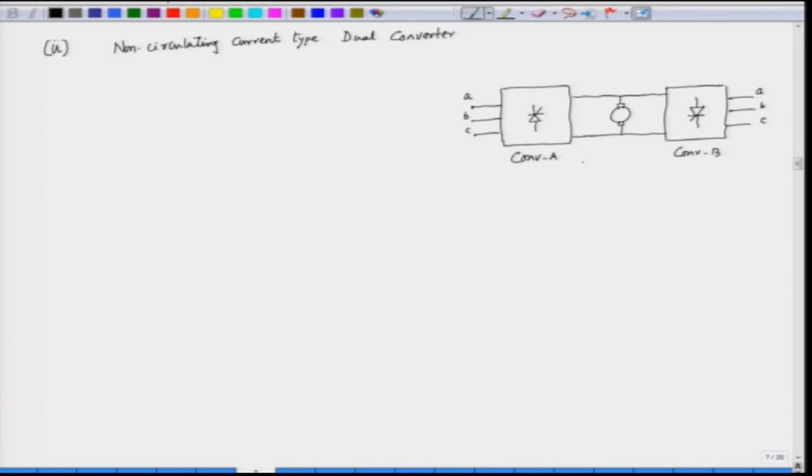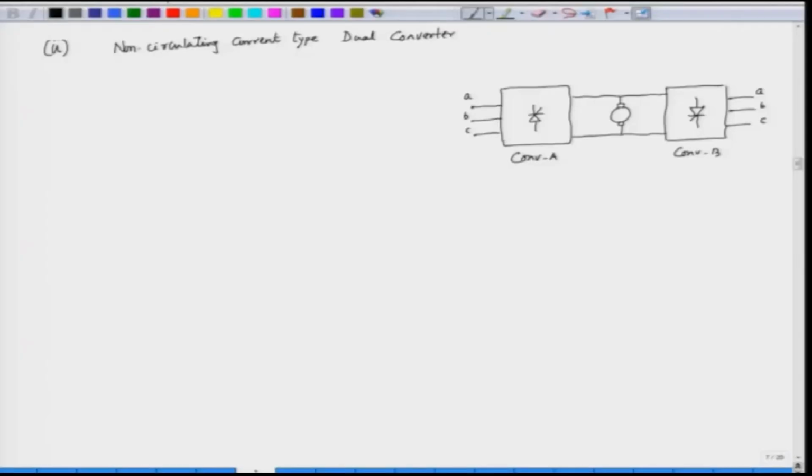Now, in this case converter A and converter B are not operated at the same time, they are operated only one at a time, either converter A or converter B. When we want it to be forward motoring and forward braking, we use converter A. When we want the drive to be in the reverse motoring and reverse braking, we use converter B. So, converter A is only responsible to supply the positive current, and converter B can only supply the negative current.